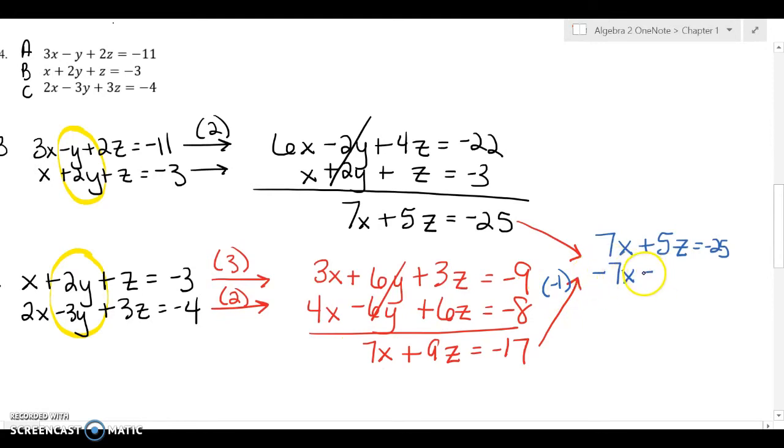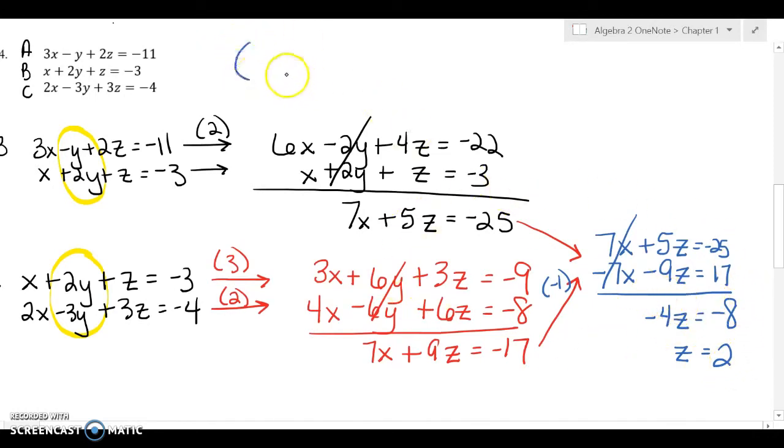So negative 7x minus 9z equals positive 17. X's are gone, so I get negative 4z is equal to negative 8, and so z is 2. So that's a lot of work to get to one problem, I know. And so that's the third answer.